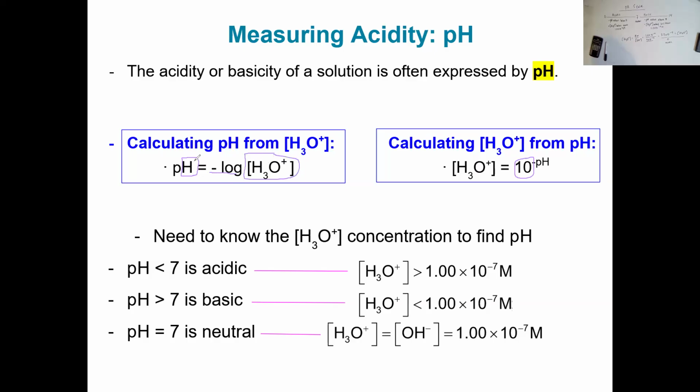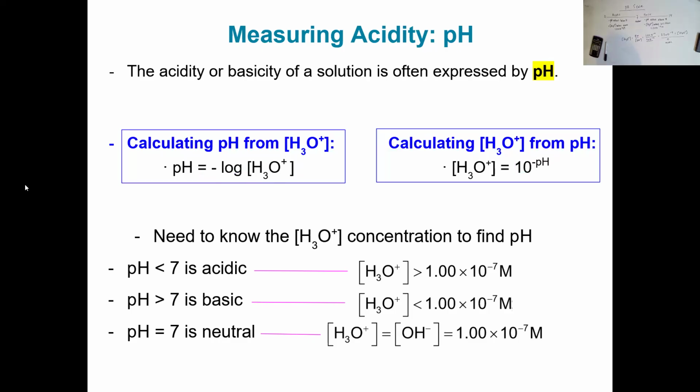That's what pH means. When we want to find our hydrogen ion concentration, we're going to take that log function and use its opposite. So we're going to do 10 raised to the negative pH to find our H3O plus concentration. Okay, those are our related formulas here.